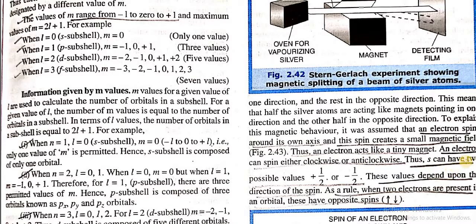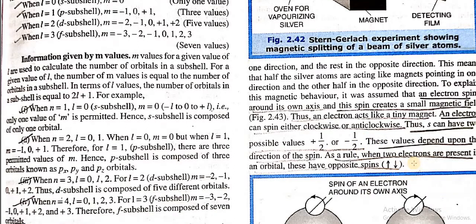Therefore, the spin quantum number s can have two possible values, plus half or minus half. Plus half means clockwise and minus half means anti-clockwise. These values depend only on the direction of the spin. As a rule, when two electrons are present in an orbital, they have opposite spins, shown by an up arrow or a down arrow.